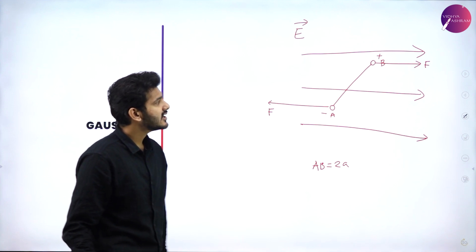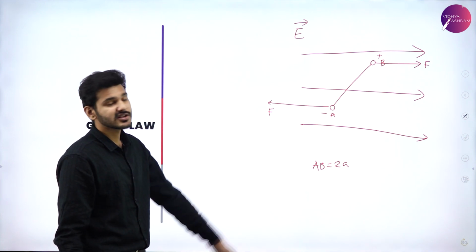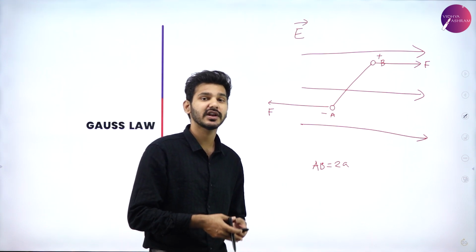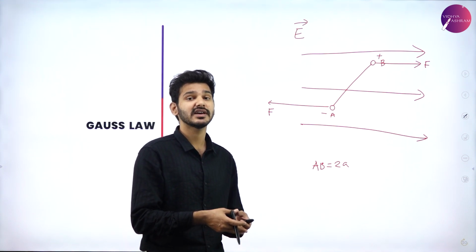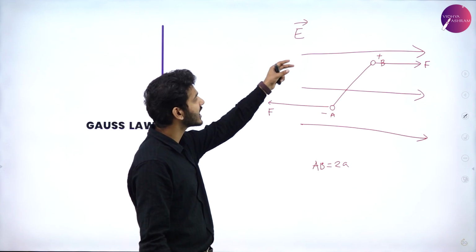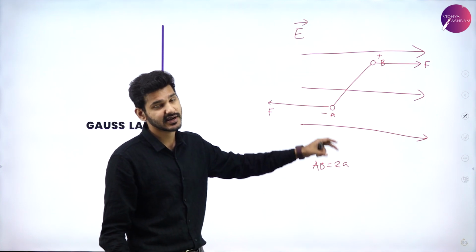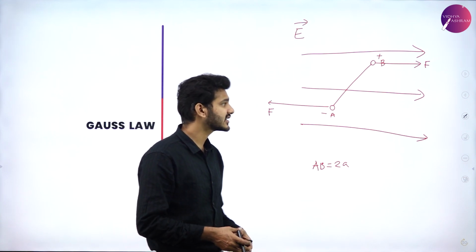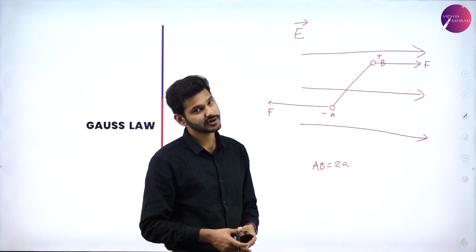So this will be the force experienced by the charges. What happens when a dipole is kept in a uniform electric field? You can see that the field is uniform. It is not like one area is dense and one area is rarer. The intensity of the electric field is uniformly distributed.